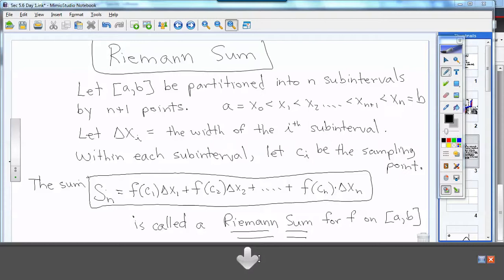And then delta x is our width. Height times width makes area. So this is the area of our first rectangle, right? Plus f of C2 times delta x2, so that's our sampling point in the next subinterval, times our width of that interval. That's the area of that one, plus dot, dot, dot, all the way to the last subinterval. And when we add those together, that is called a Riemann sum.